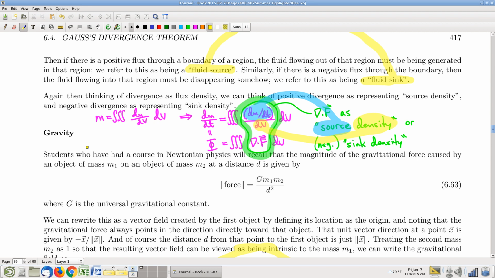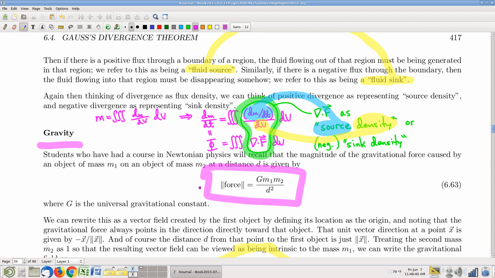Next physics interpretation involves gravity. Hope you all might remember a little bit of gravity stuff from when I was in high school. We had a class in 9th grade, I think it was, called physical science. Do they still do something like that? And y'all have seen the inverse square law of gravity, I hope.